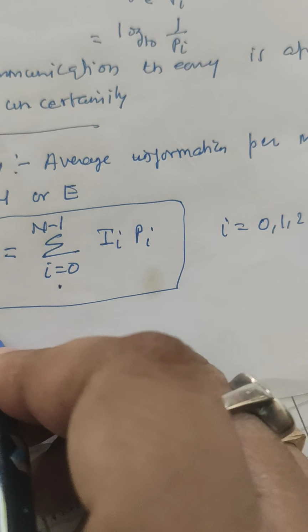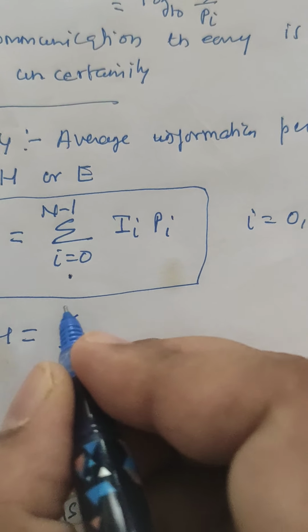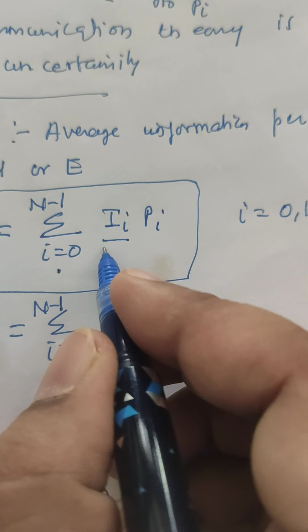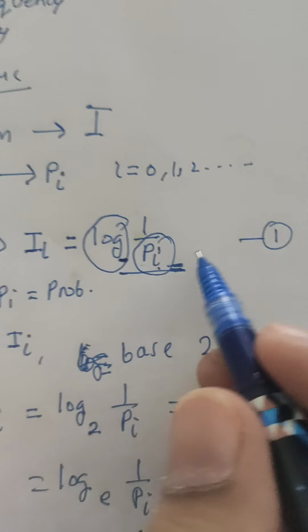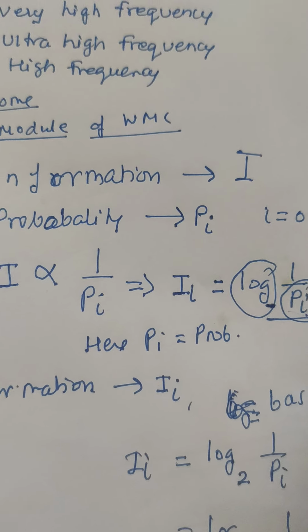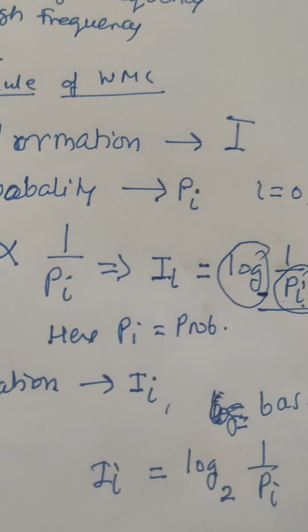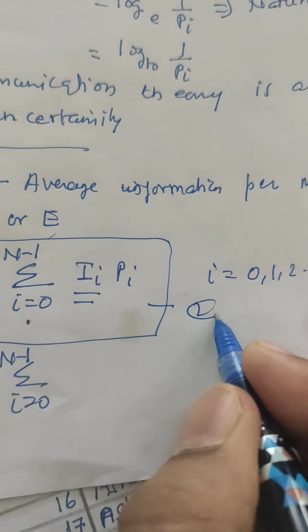So H can be written as summation for i equal to 0 to n minus 1, and we replace I of I from formula number 1. Here I of I is equal to log of 1 upon pi. We take these values and put them in equation number 2.